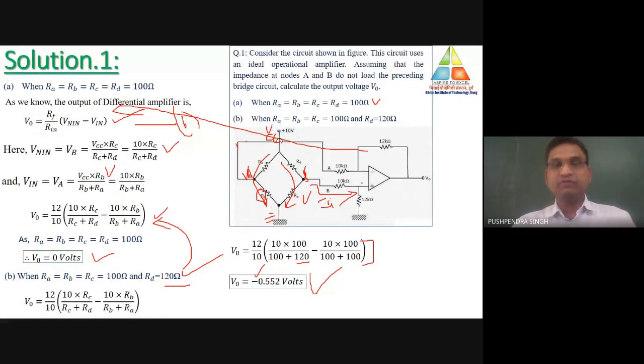No current will flow across the input terminal of op-amp. From there, by using the potential divider rule, calculate the value of VA and VB. And after calculating, just substitute the values of VA and VB in equation number 1 and calculate the value of output. So this is the basic procedure for the calculation of the problems related to bridge amplifier.